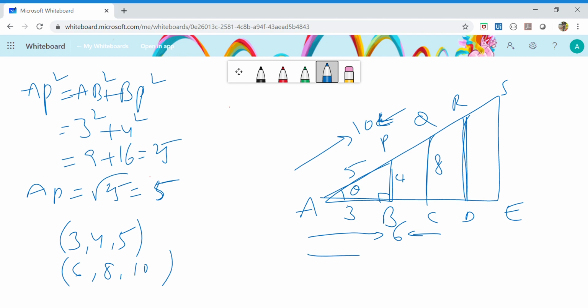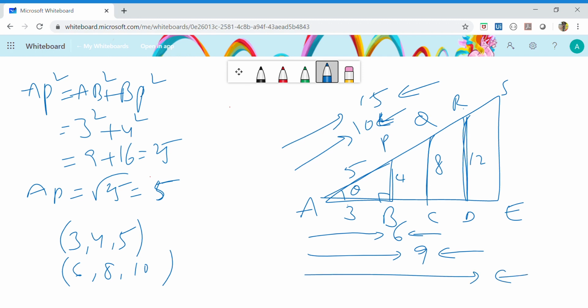Consider AD is equal to 9 and DR is equal to 12, then AR becomes 15. In the same way, AE is equal to 12 and ES is equal to 16, so AS becomes 20.